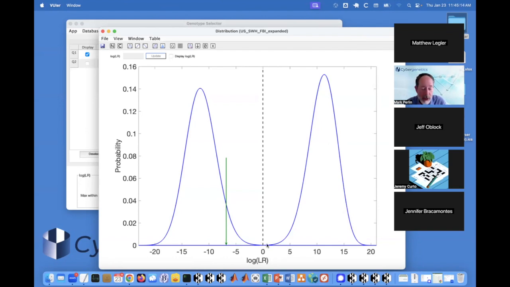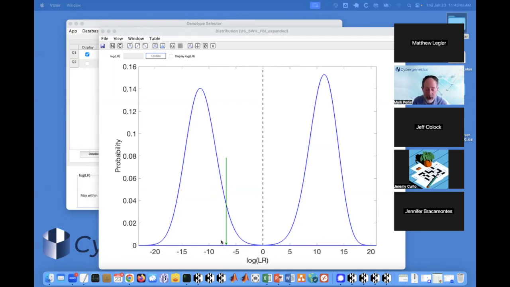In this case, it was clear enough to TrueAllele that a positive match statistic greater than log LR of 0 would classify this as a contributor, and the green arrow that we see here at around -6 is being classified as a non-contributor, and because the tails are so close to 0 in the center, there's essentially virtually no classification error. So that's something to keep in mind.